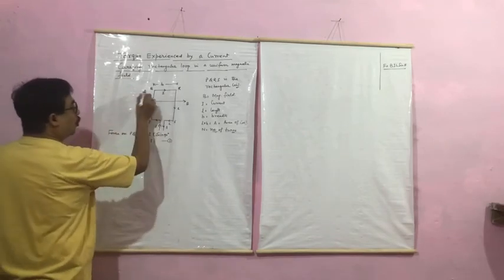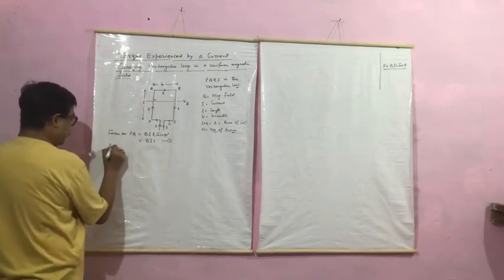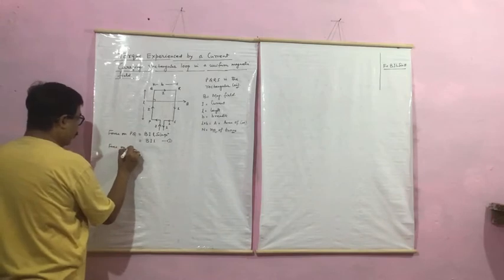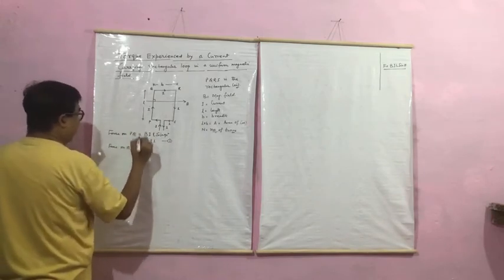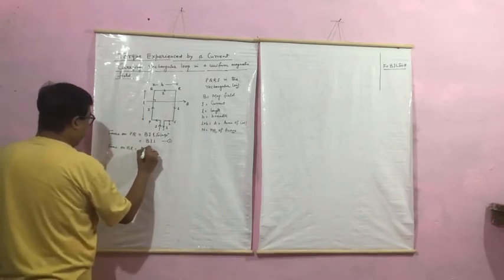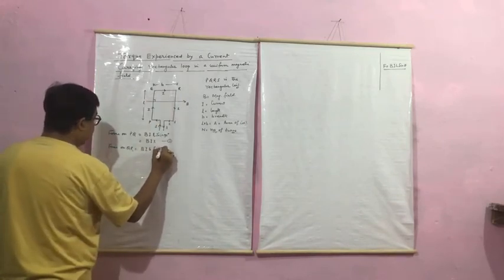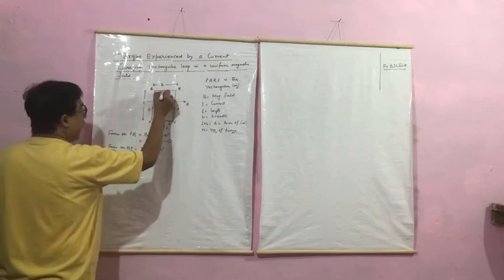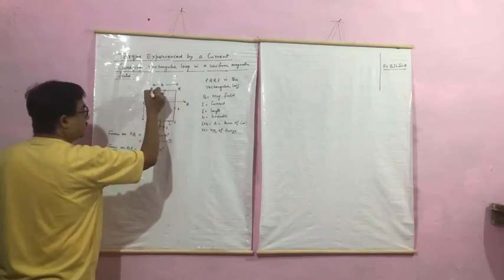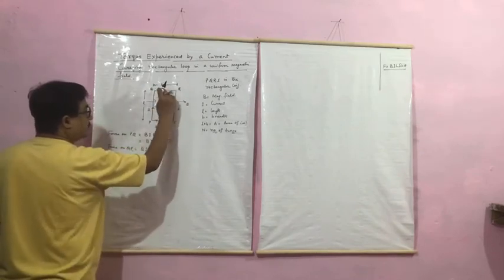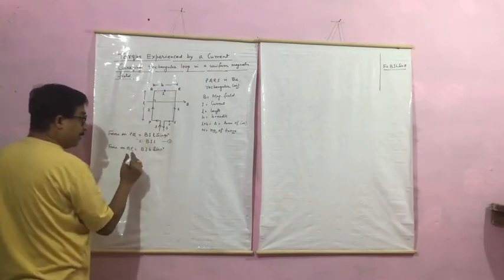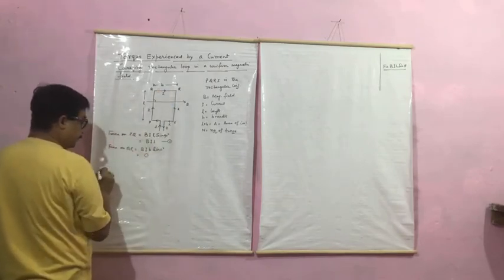Now come to force on QR. Force on QR is again BI small b sine 0 degree, because the angle between this direction of current and B is 0, because the two are parallel. So the answer is 0.